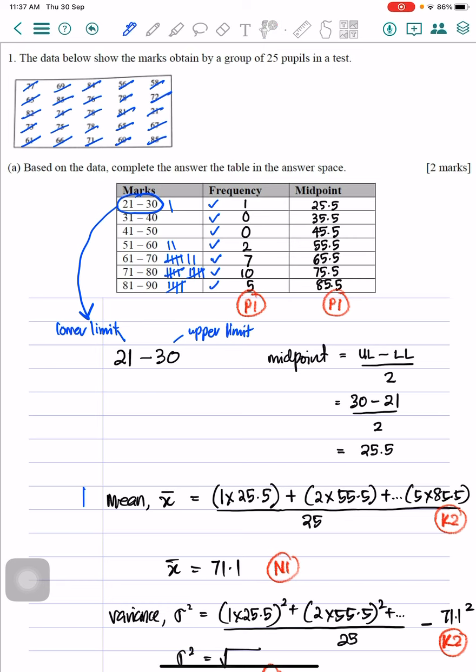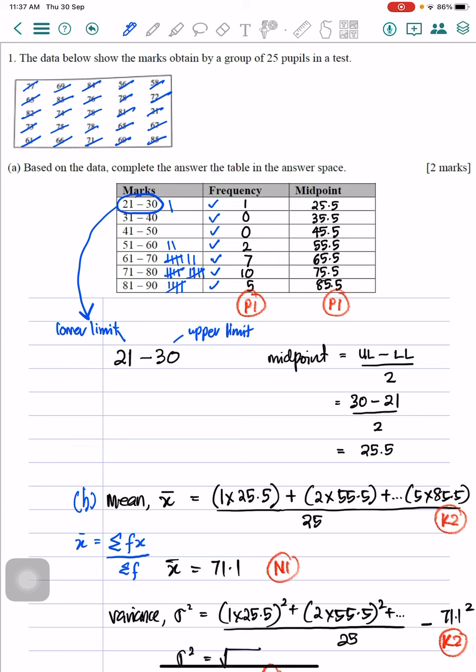Next, question B. Find the mean. Estimate the mean. So how to calculate the mean? Let me show the formula. It is the sum of frequency multiplied by midpoint, divided by the sum of frequency.